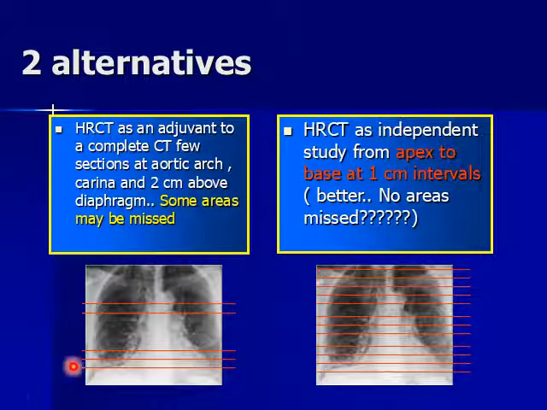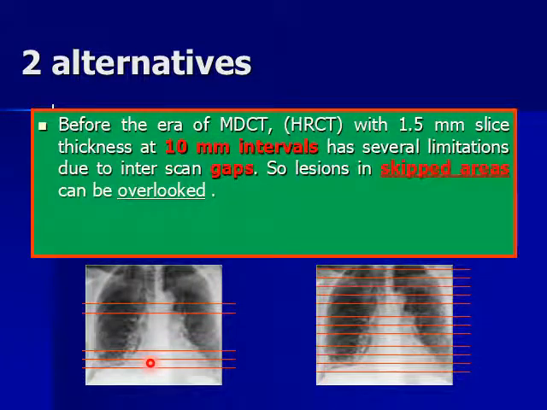Or we do these high resolution cuts, 2 slices at the hilum and 3 to 4 slices at the base of the lung, assuming that most of the interstitial lung disease occurs in this area, but this is not correct at all. As you see, we can miss a lesion in the areas of the gaps between slices.